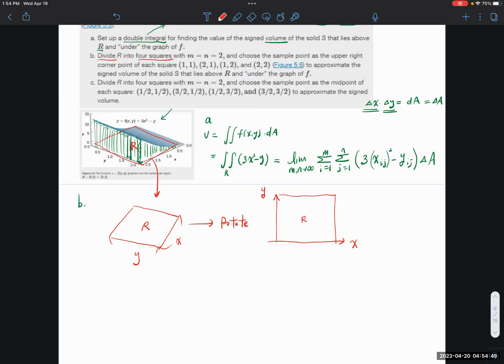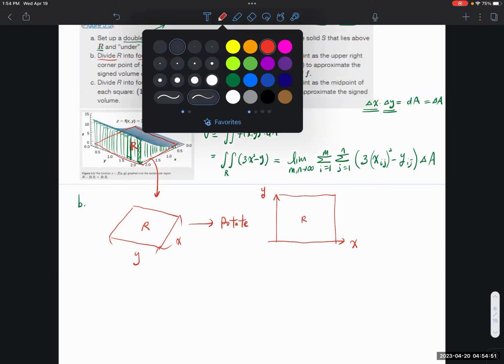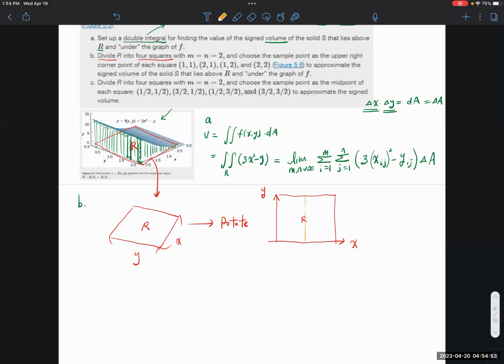So I'm going to just follow what they're asking you to do. So here, I'm going to divide it into 4 different squares, right? Square means all 4 sides are equal. Am I correct? So each side, everything is going to be equal. Okay, I got it. And they say m equals n equals 2. So what does it mean?